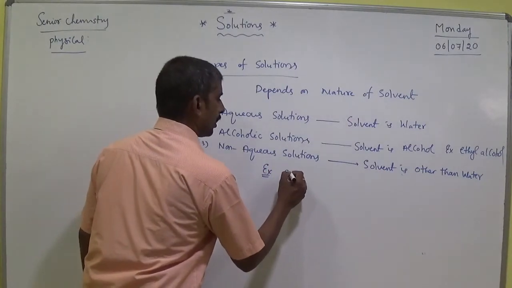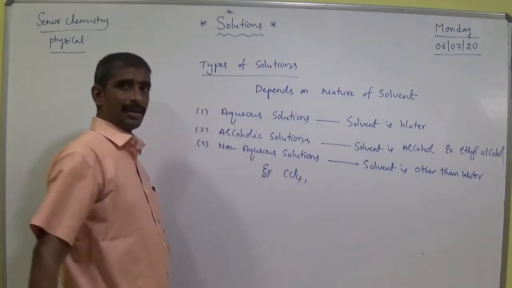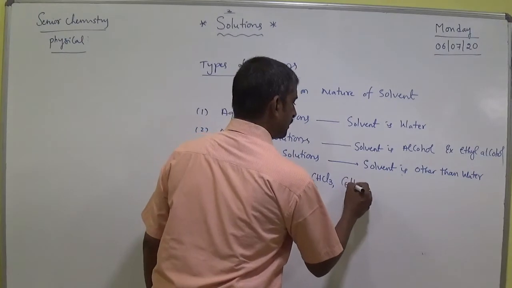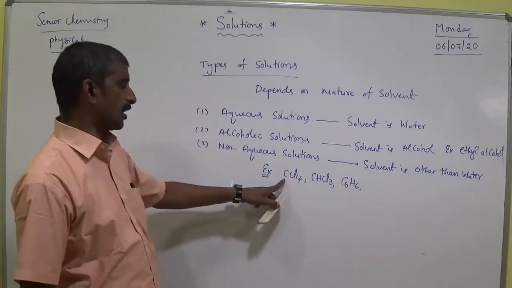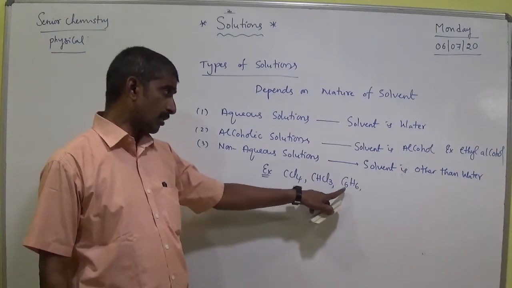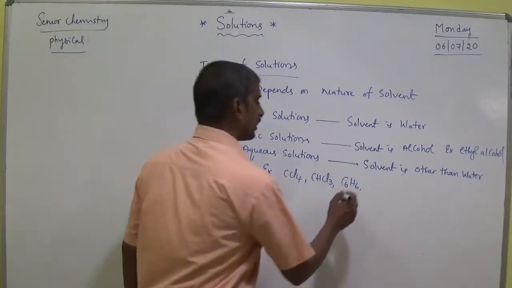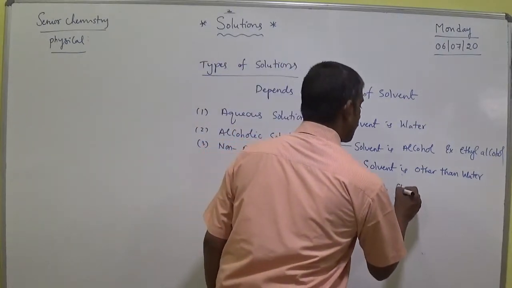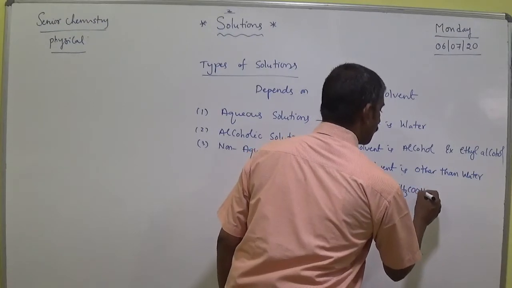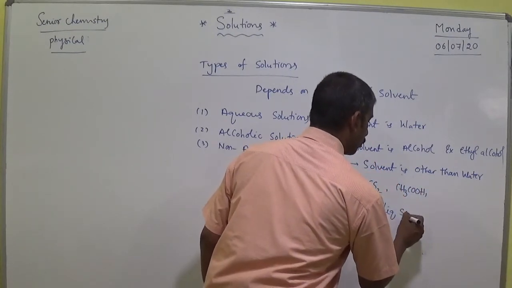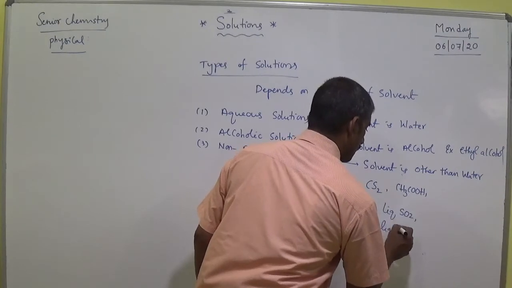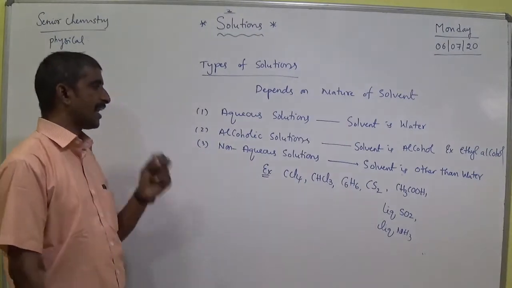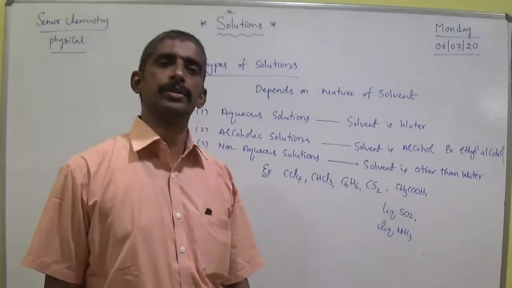We know carbon tetrachloride CCl4, chloroform CHCl3, benzene C6H6, carbon disulfide CS2, acetic acid solution CH3COOH, liquid SO2 and the last one is liquid ammonia. So these are all examples of non-aqueous solutions.